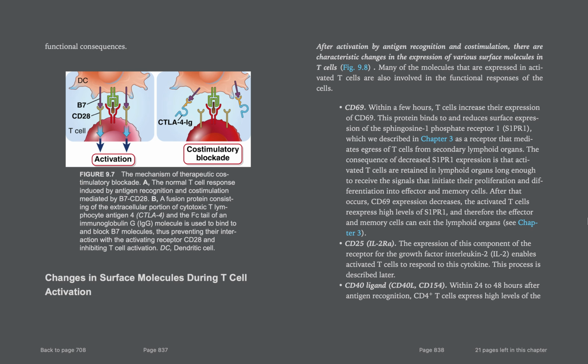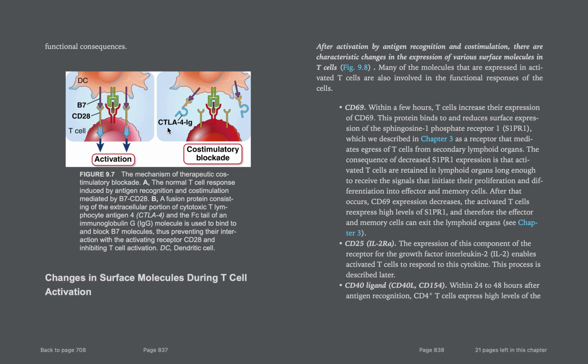It can go and block the B7 molecule, thus preventing the interaction with the activating receptor CD28 and inhibiting T cell activation. So you see here the B7 is already occupied, and also this one is already occupied.